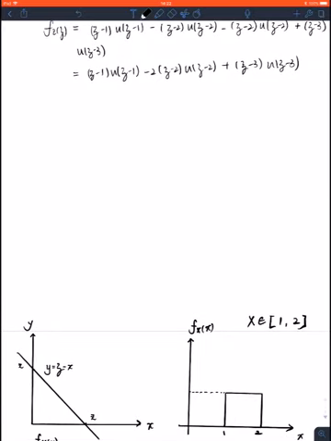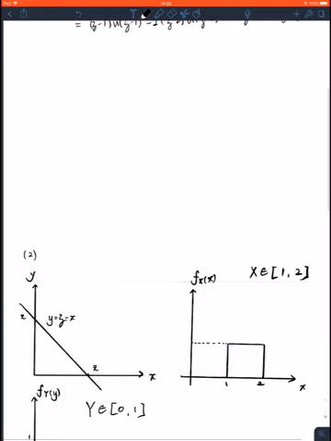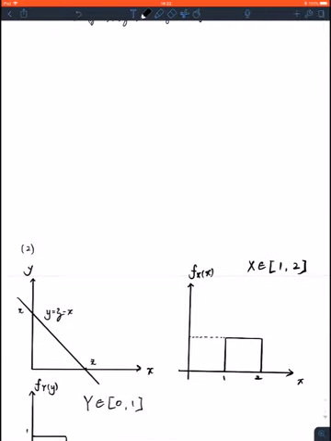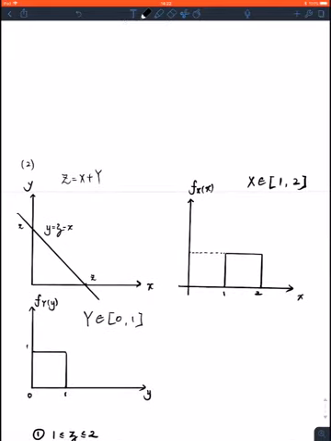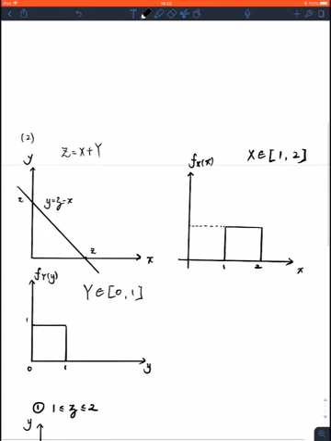The second method is to use the geometry method. In this case, we have to firstly draw some pictures. Since we know Z equals X plus Y, we can define Z as y equals z minus x in this case.